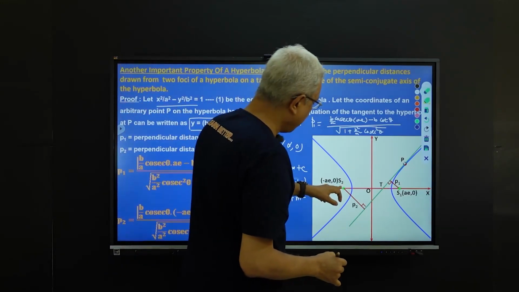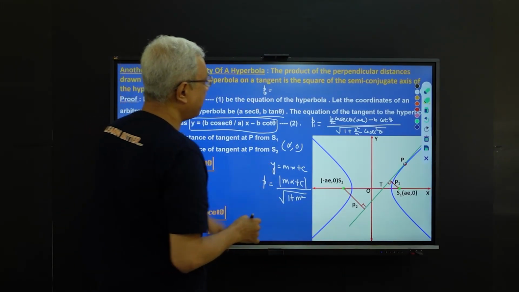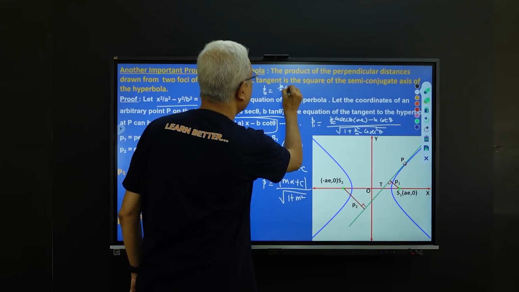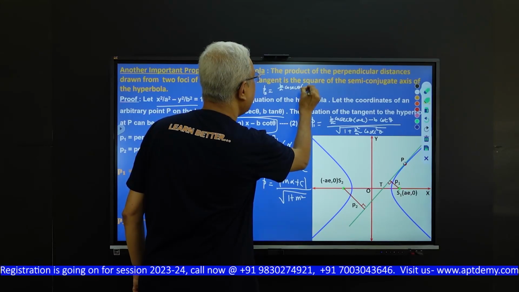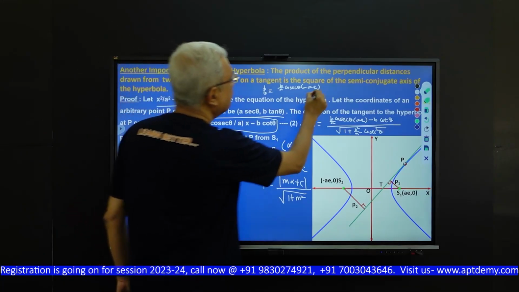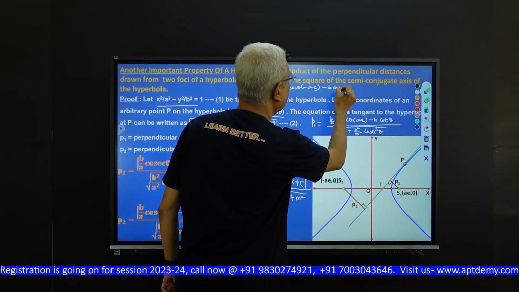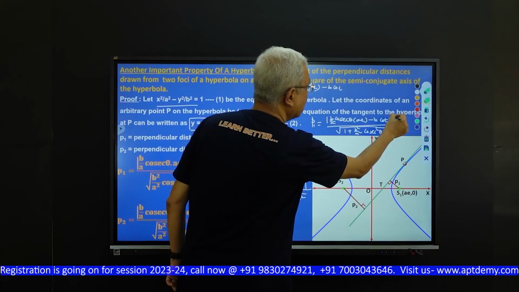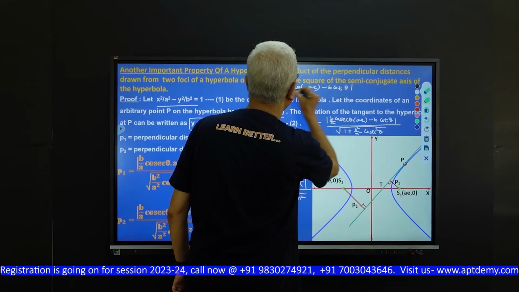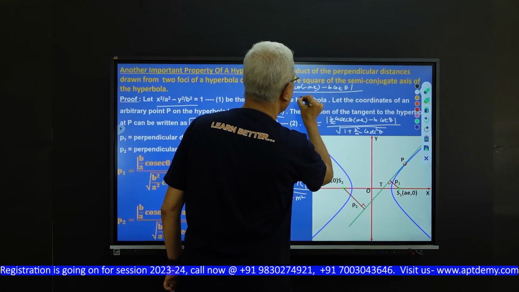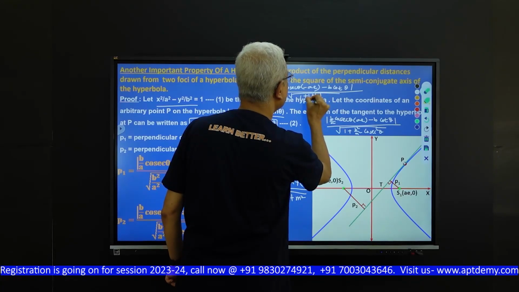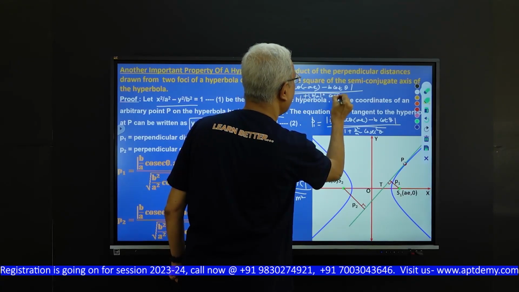So from minus A, 0, if I drop the perpendicular, it is actually mod of b by a cosec theta into negative a minus b cot theta, divided by root over 1 plus b by a whole square cosec square theta.